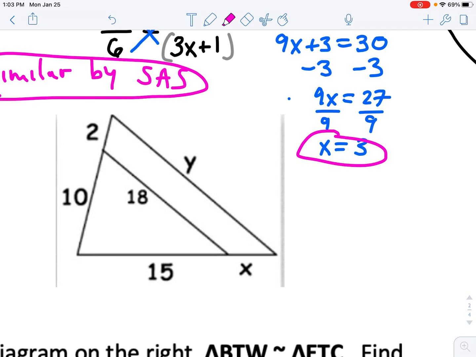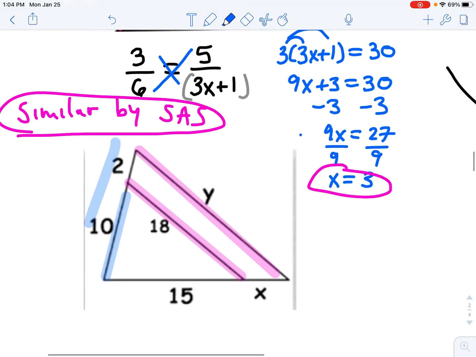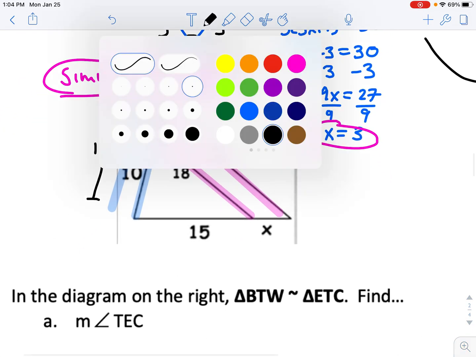This next one right here, what's going on? Well, let's do y first. y and 18 correspond. And 10. And this length right here is, we got to realize this length is 12, because we did 10 plus 2, so this whole thing is 12.